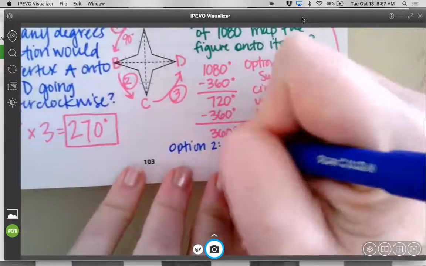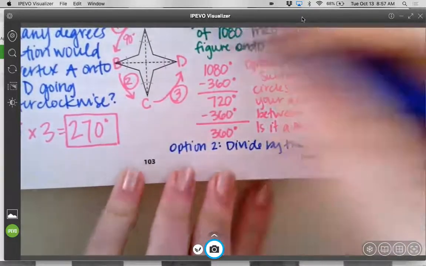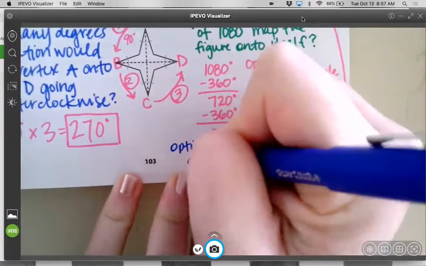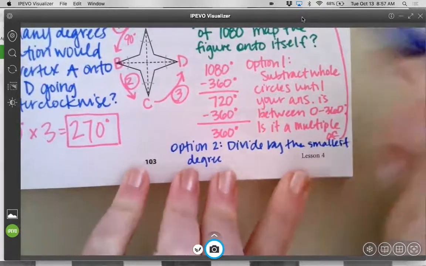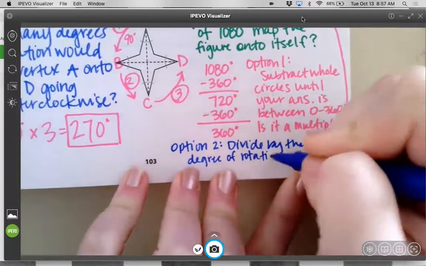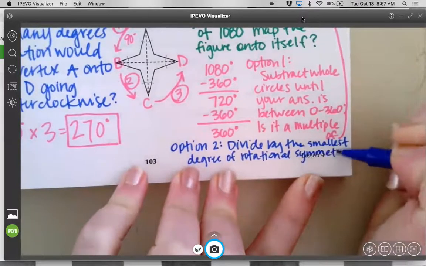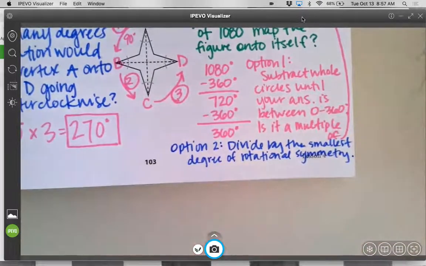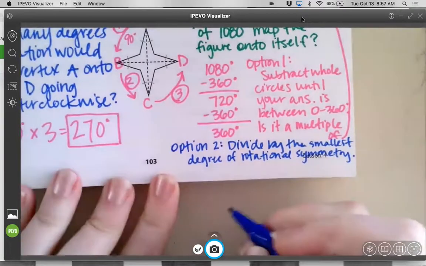So divide by the smallest degree of rotational symmetry. If you get a whole number answer, that means the point you're starting with has jumped exactly that many times all the way around, and it's going to wind up on another point.